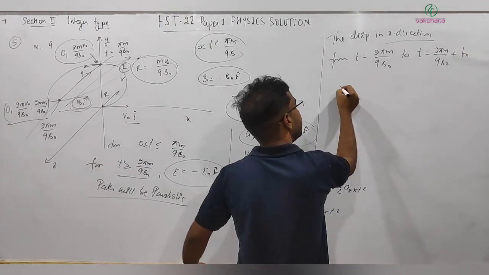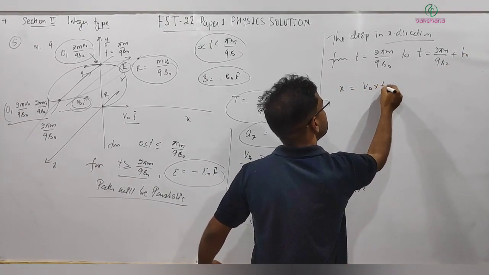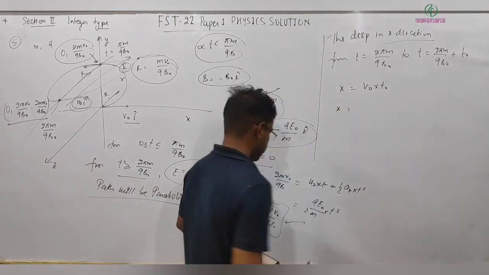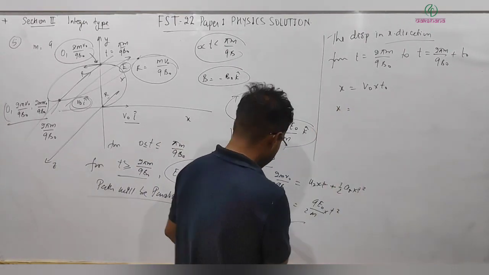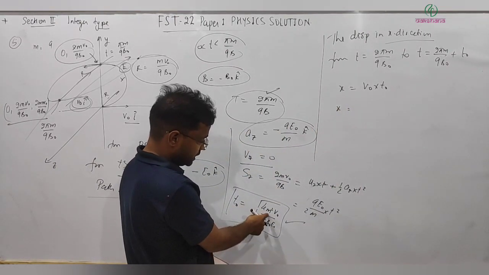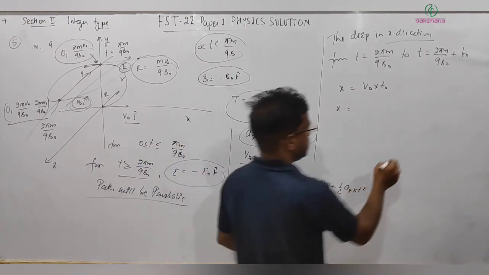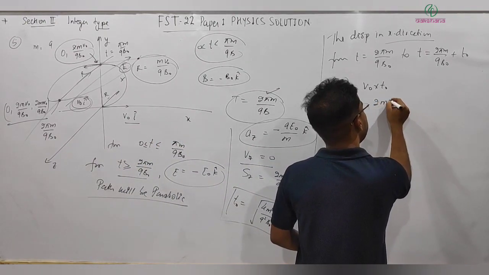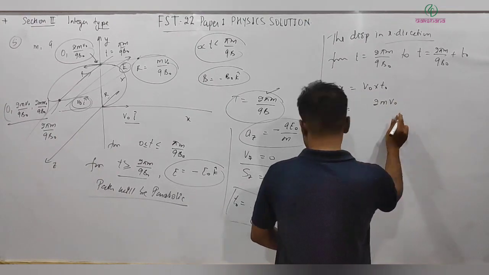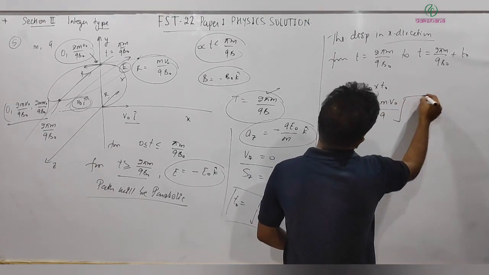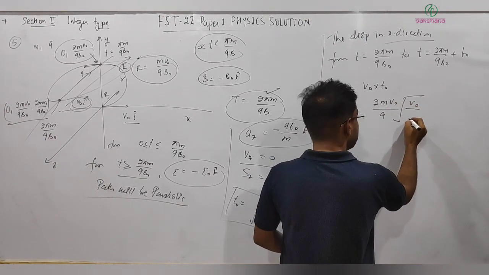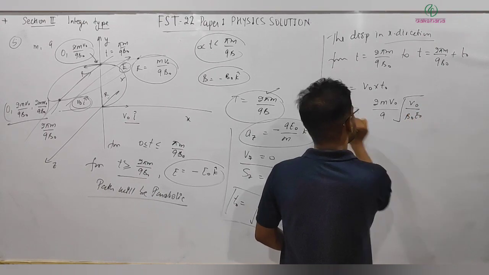This I can write as x equal to v naught into t naught, and this comes out to be v naught, I can take out 2, m, and q out.